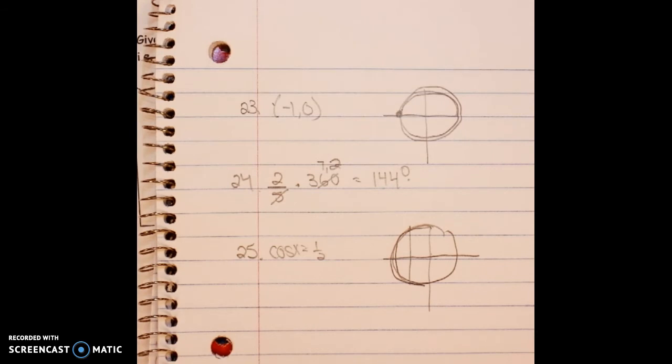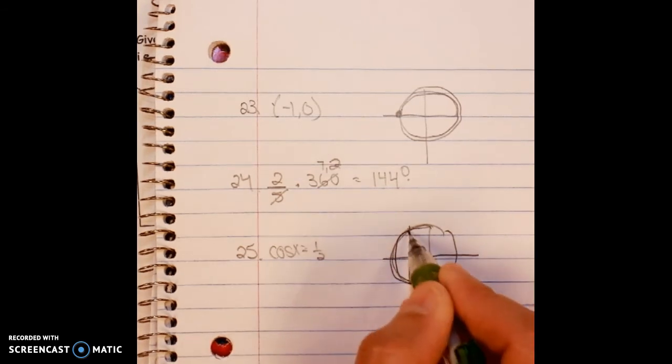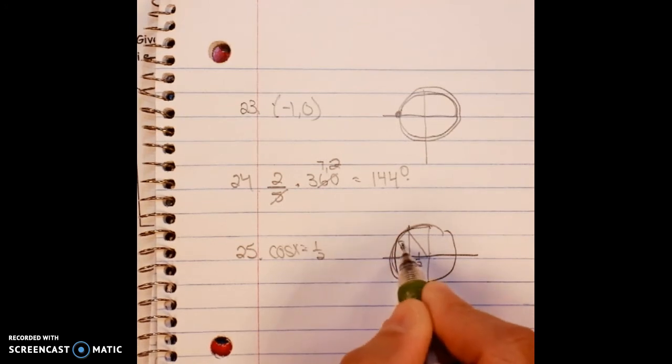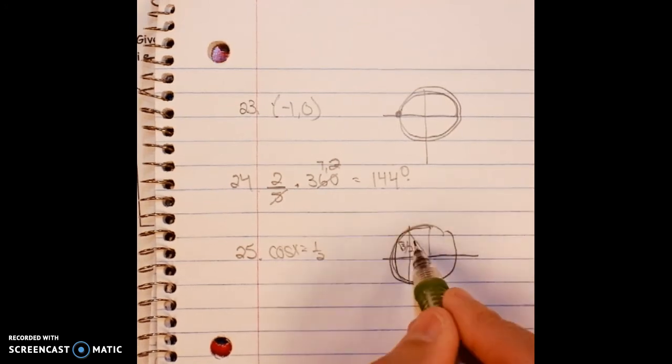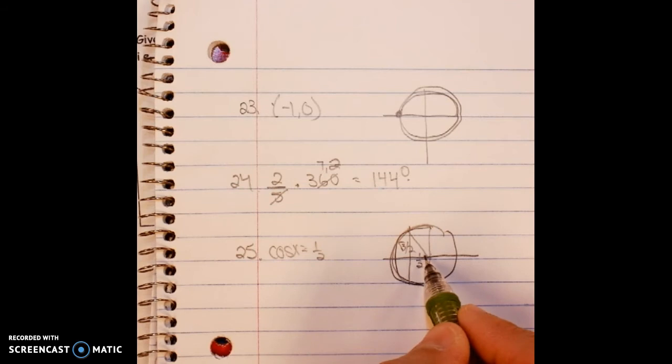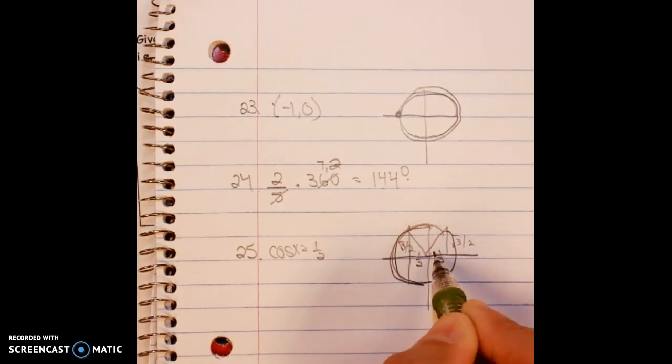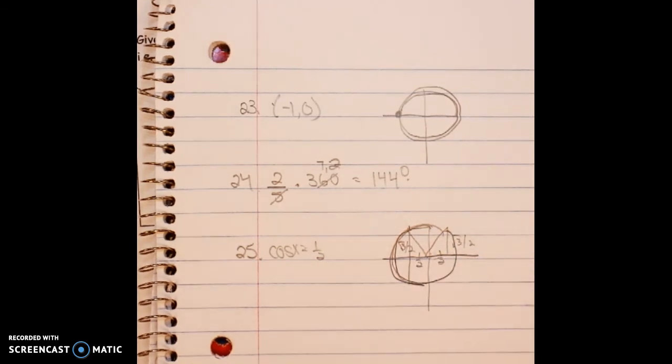And it looks like they want exact values. So this one right here, this is 1/2, and this is radical 3 over 2. That means this is a 60-degree angle.